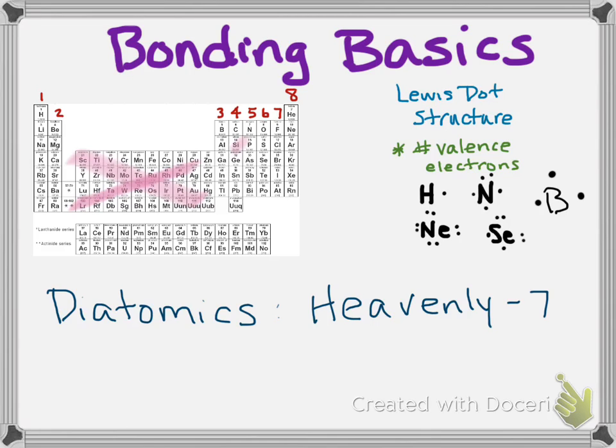What diatomic elements are, if you notice what the word is broken down into, di stands for two, and then atomic stands for atom. So it's two atoms. And these are the 7 elements that when they're found naturally on Earth, they are found in a molecule with 2 of them together. They are, let me put them all in here for you.